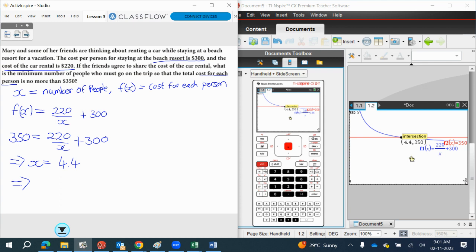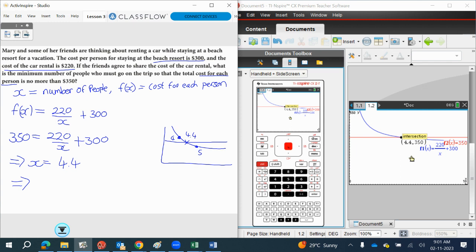What is our answer going to be? So the graph looks like this. Here's 4.4. Do we want to be here at 4 or here at 5?